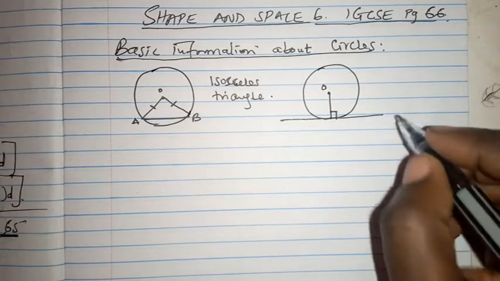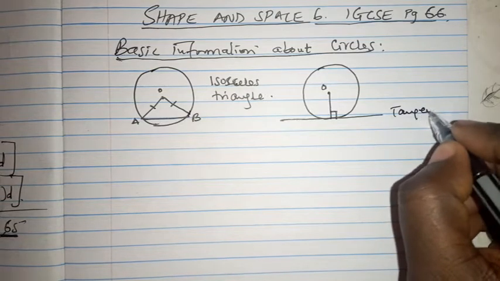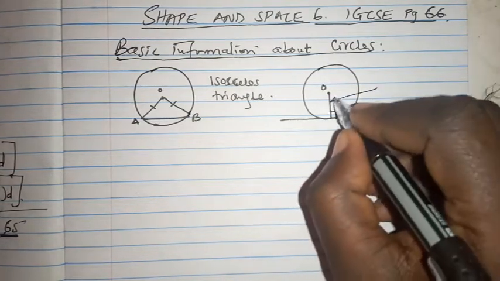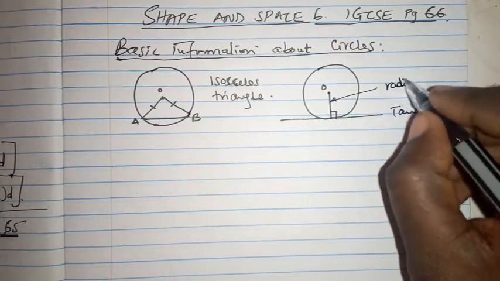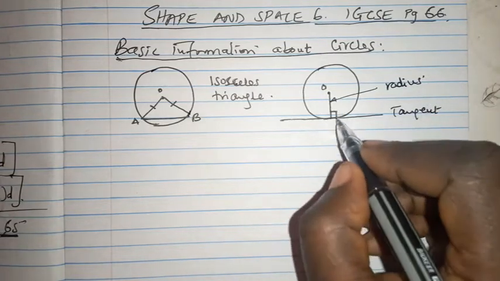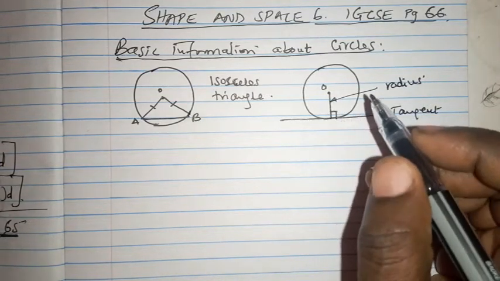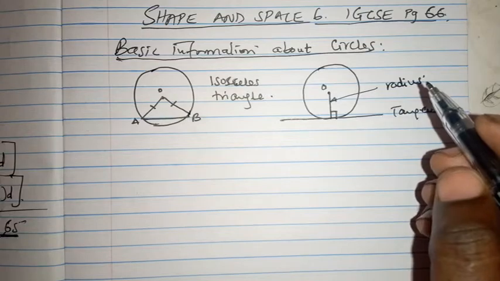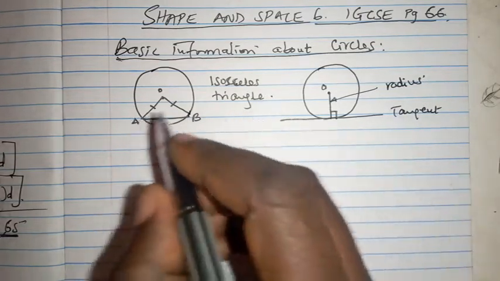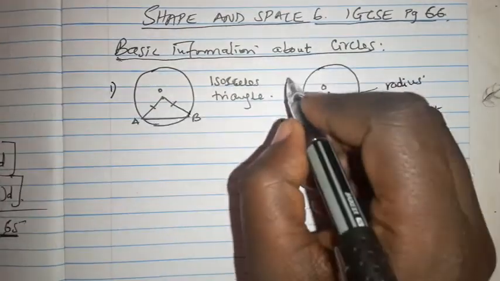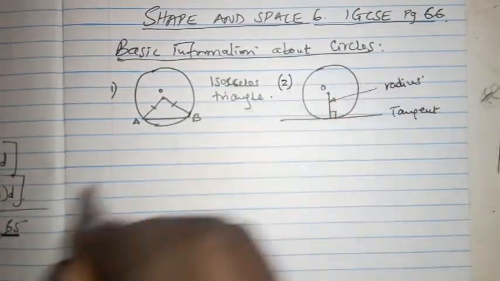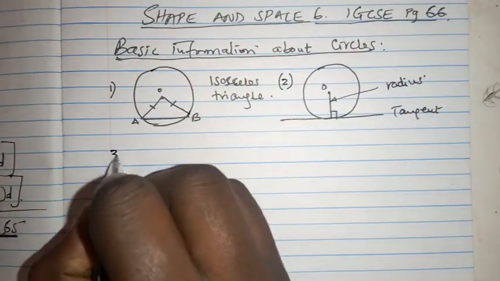This is a tangent, and this is a radius. A tangent meets the radius at 90 degrees. That is another fact that you should also remember. This is fact number 1, and this is fact number 2.